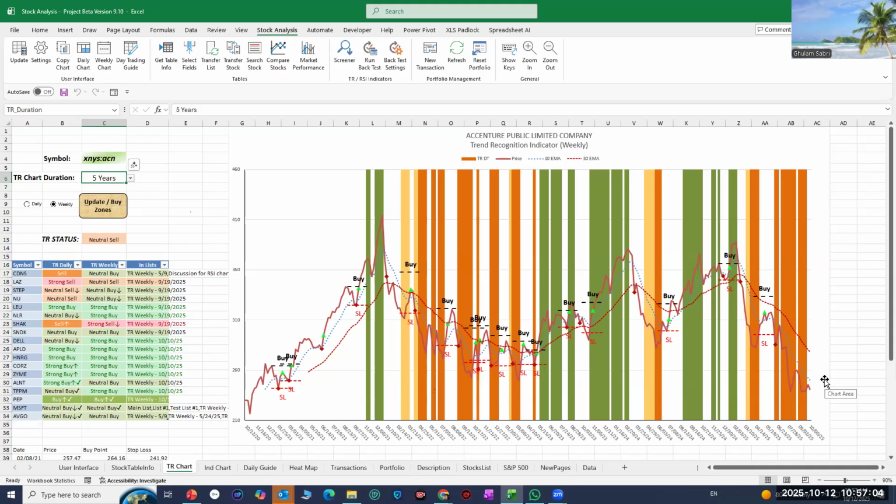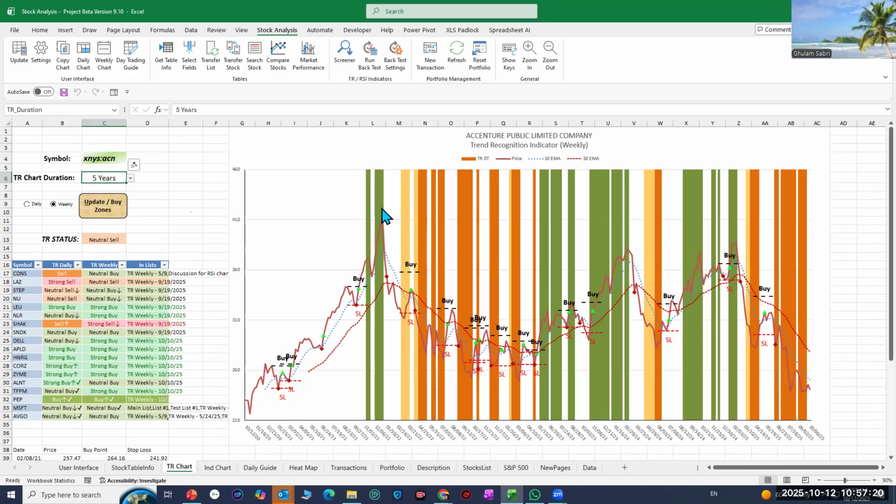So on every pullback, the pullback itself fails and it falls further, becoming a falling knife. We don't want to be in this kind of stock as swing traders and medium-term traders like us.